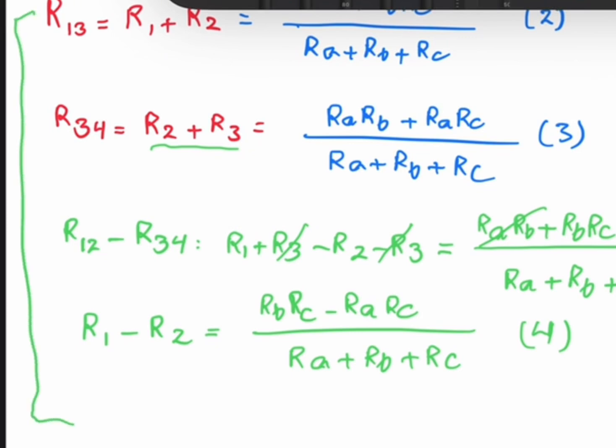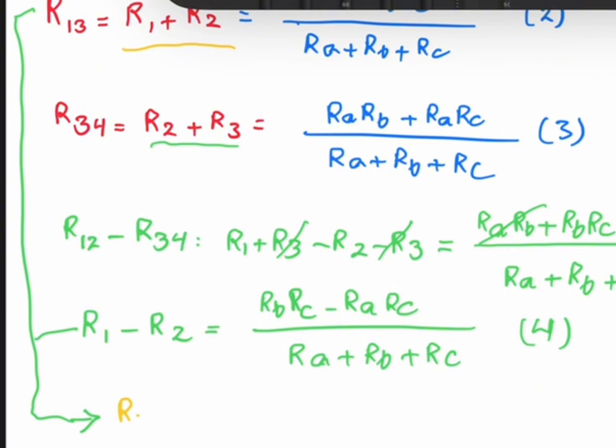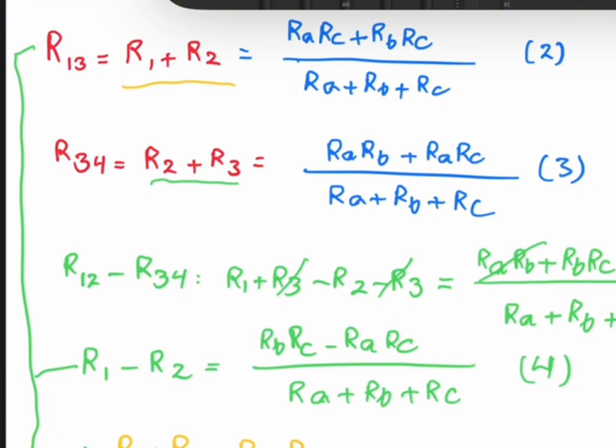Then on the left hand side, R1 plus R2 plus R1 minus R2 is equal to, again with the common denominator RA plus RB plus RC, RA RC plus RB RC plus RB RC minus RA RC.